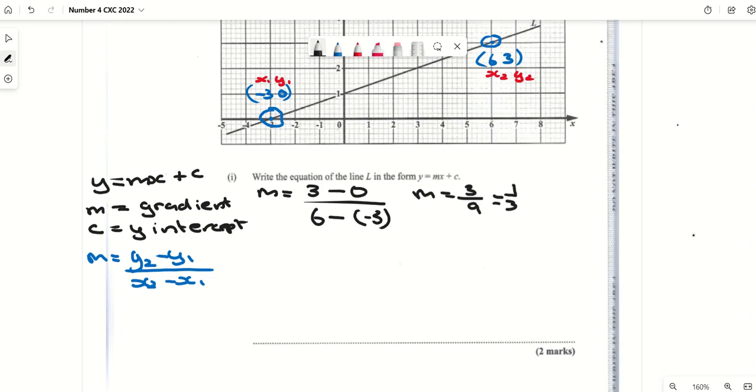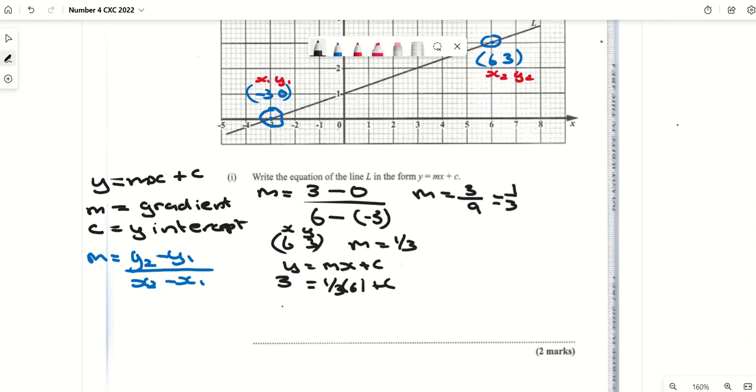I'll use coordinate 6, 3, which is on line L. We know the gradient is equal to a third, and then we put it back into this formula. Remember, coordinates are always x first and y after. So y is equal to mx plus c, and we have to find c. That's 3 is equal to m, which is a third, by x, which is 6, plus c.